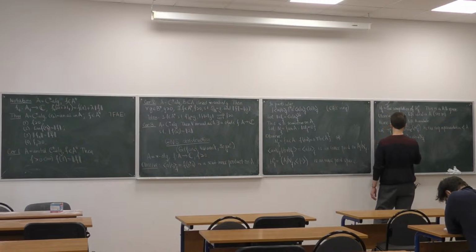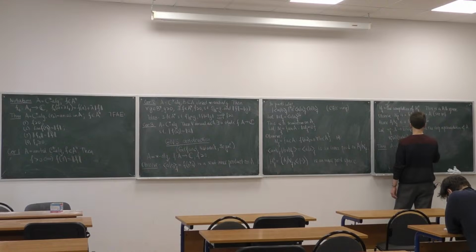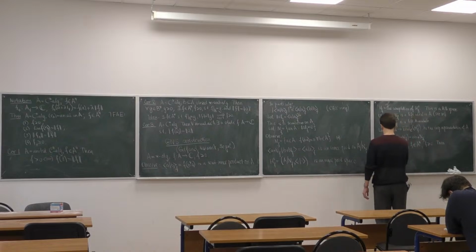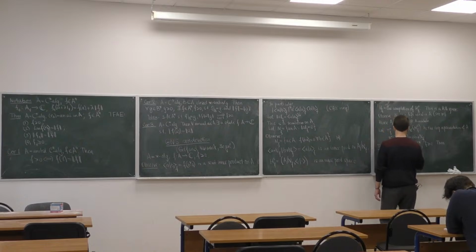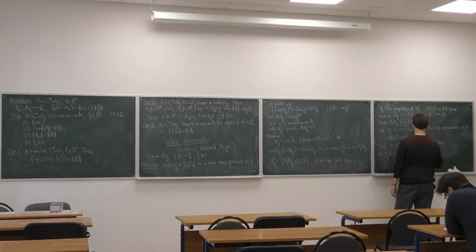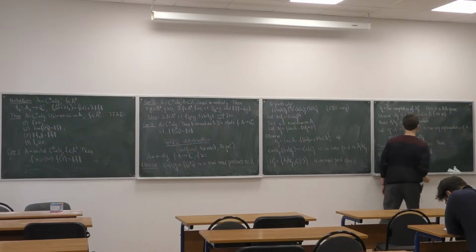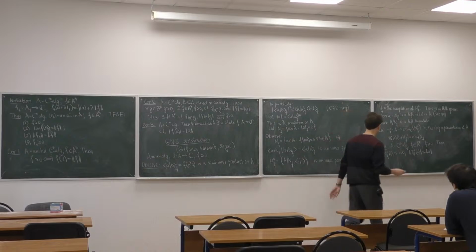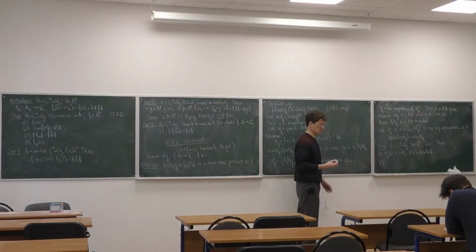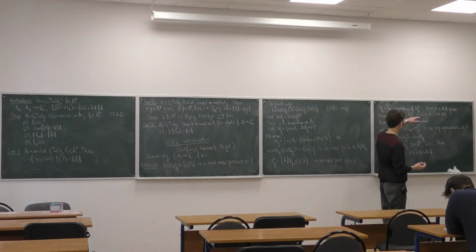Suppose that A is a C-star algebra, and F is a positive linear functional on A. Then, first of all, the operator pi f0 of A is bounded, and its norm is less than or equal to the norm of A. This immediately implies that it uniquely extends to a bounded linear operator on the completion, the Hilbert space HF.